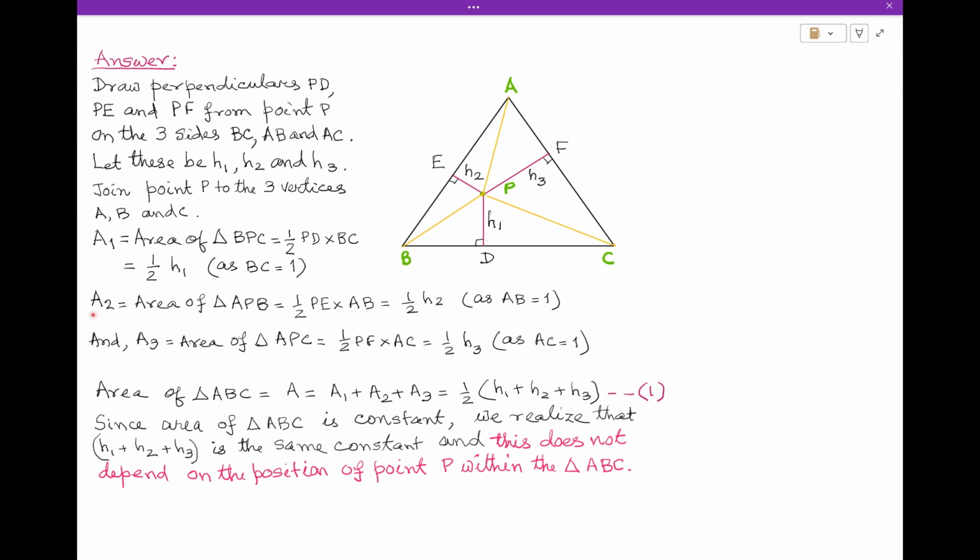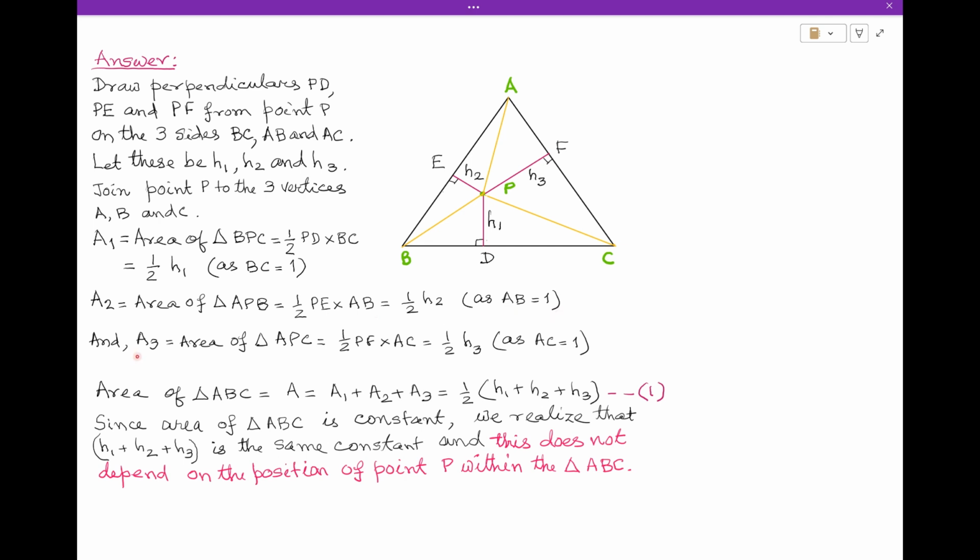Similarly, A2, that is the area of APB, is half base into height, that is half H2 into AB, which is half H2 because AB is equal to 1.